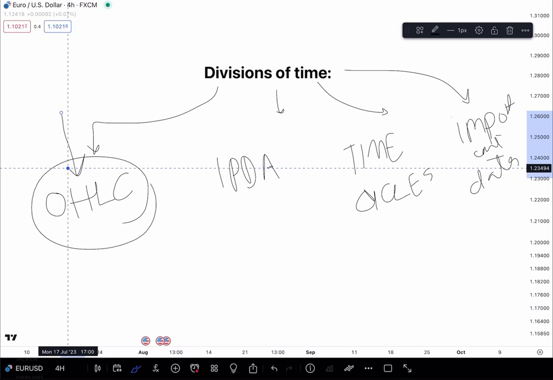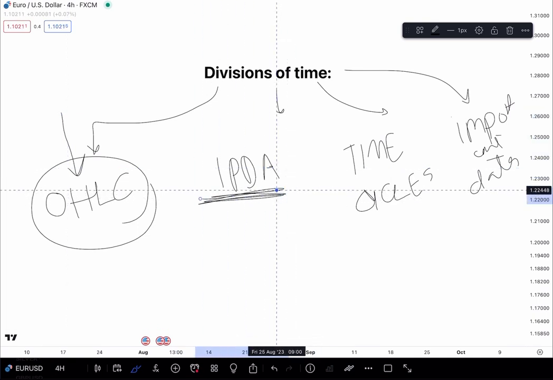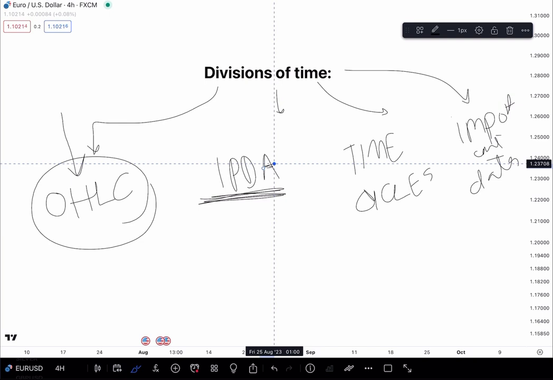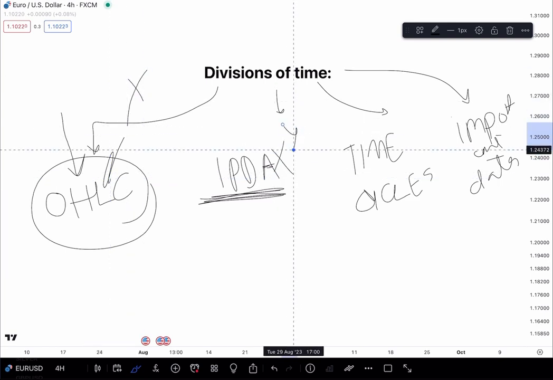The IPDA data ranges, which are not only by ICT, by the way. There's a certain person he took it from, refined it, quote unquote, and claimed it as his own. The algorithm which is being marketed as having been coded, whatever nonsense that is, simply just copy-paste from X, copy-paste from Y, and boom.